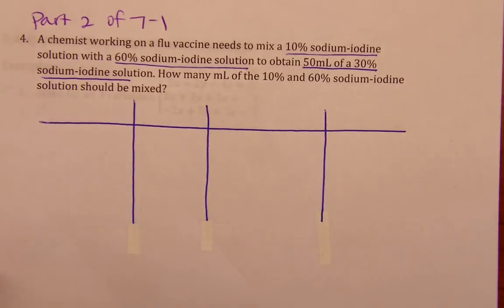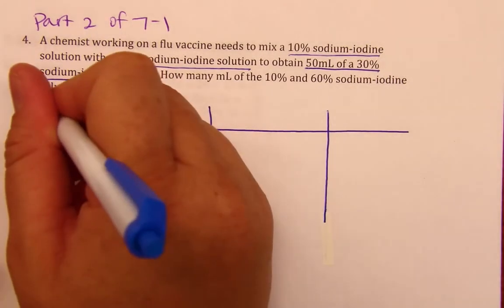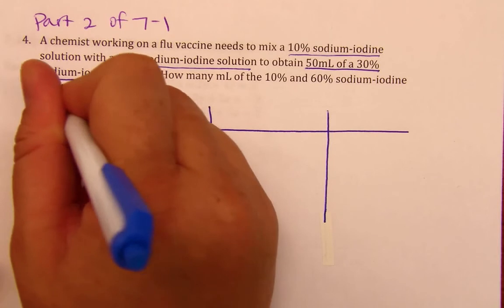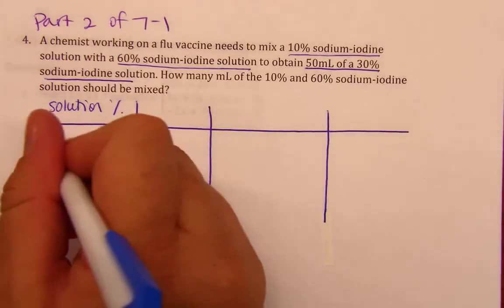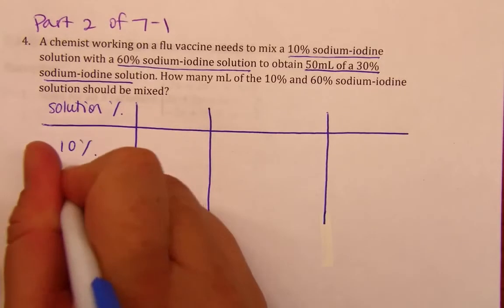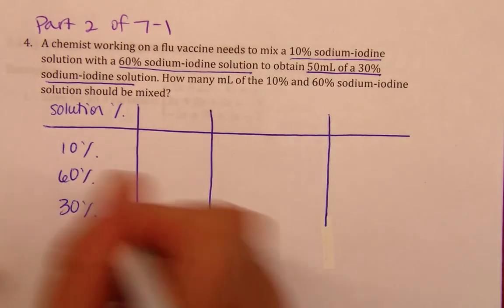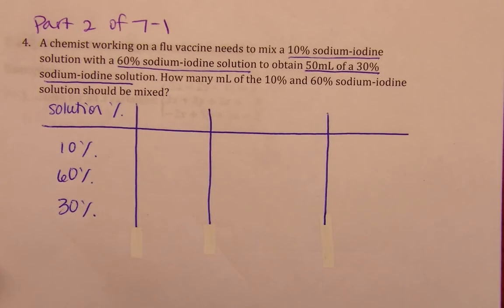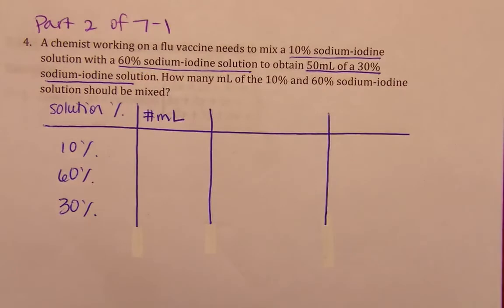So let's go ahead and make a chart here to organize some of our information. We have different percents of solutions, so solution percent. We have a 10%, a 60%, and we want a 30%. Now, we also want to talk about the number of milliliters of each of those solutions that we need.